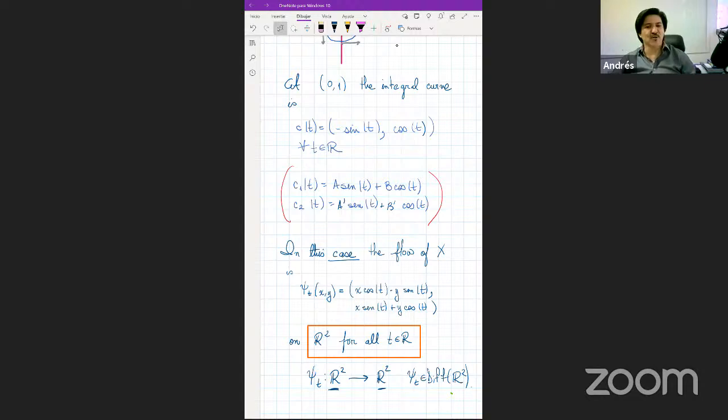If I tell you, you have your manifold R2, and I need you to give me some diffeomorphism, it's complicated to come up with one. However, if I tell you, give me a vector field on R2, that is much easier.